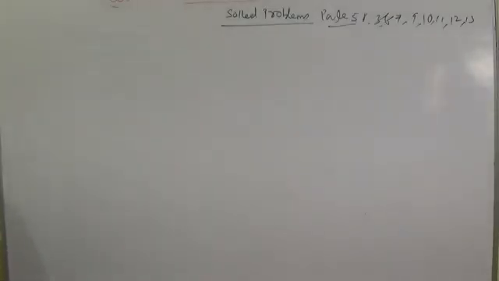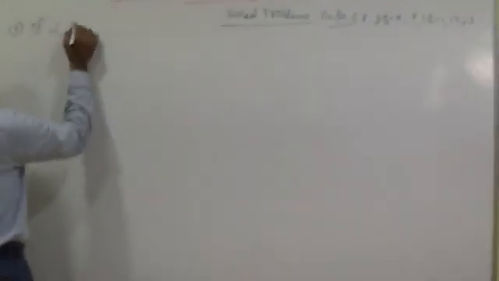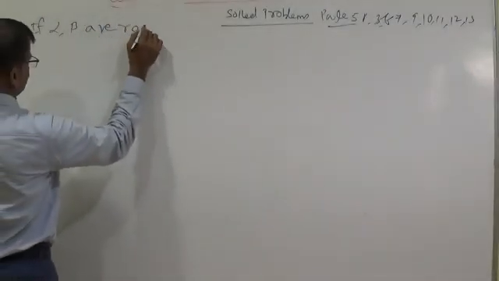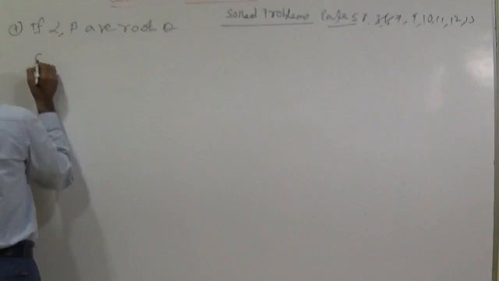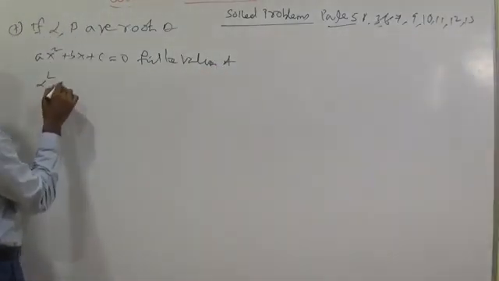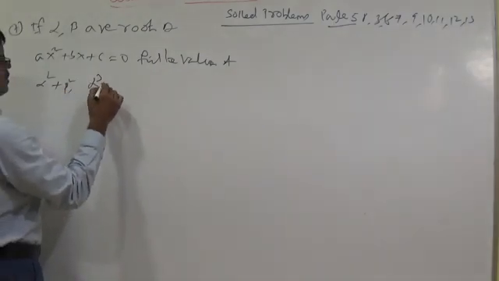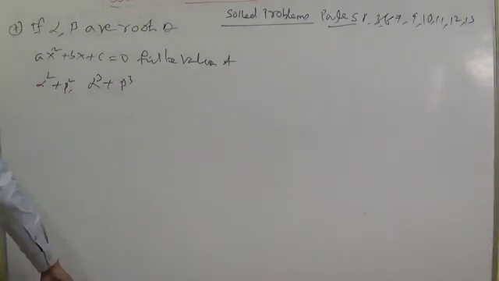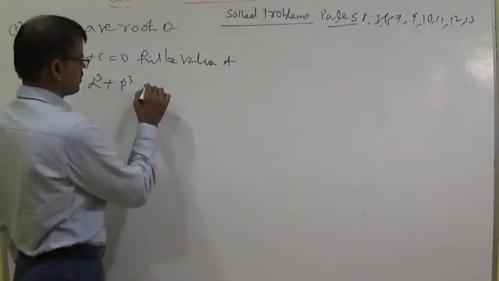If alpha, beta are roots of ax square plus bx plus c equal to 0, find the values of alpha square plus beta square, alpha cube plus beta cube in terms of a, b, c.